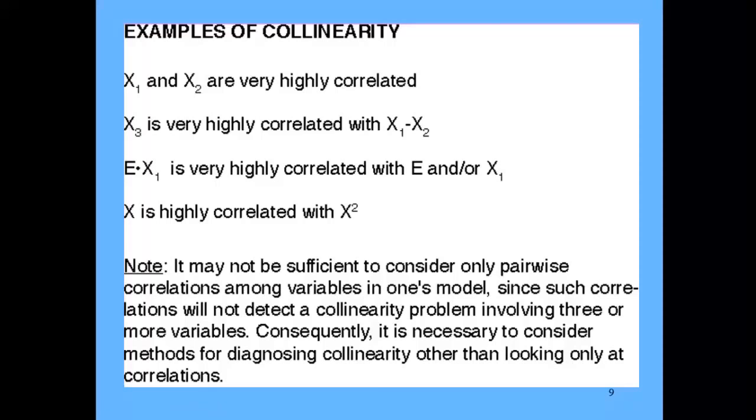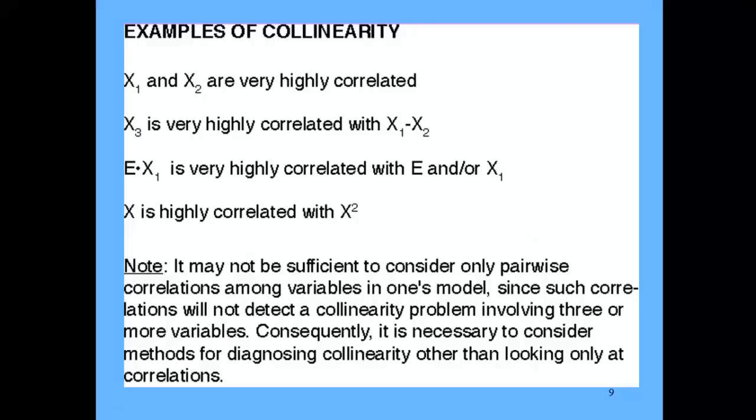And then, of course, you could have a polynomial model, where you have a variable and then the square of the variable. You have age and age squared, or age, age squared, and age cubed. Well, x squared comes from x, so maybe there would be some correlation there, and maybe that would cause a problem. Maybe it would, maybe it wouldn't.